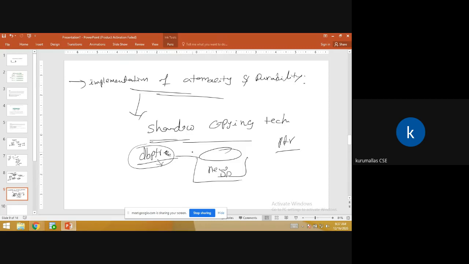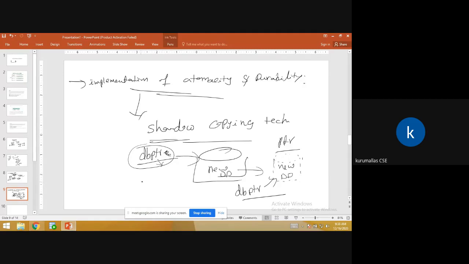If it is a shadow copy, like a mirror image, we represent it like this: the new database. The database pointer is pointing to this database, right?